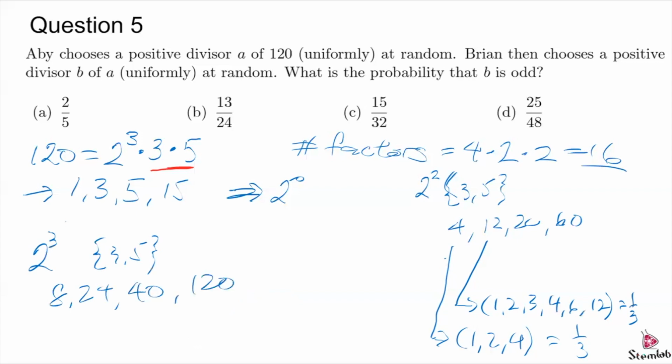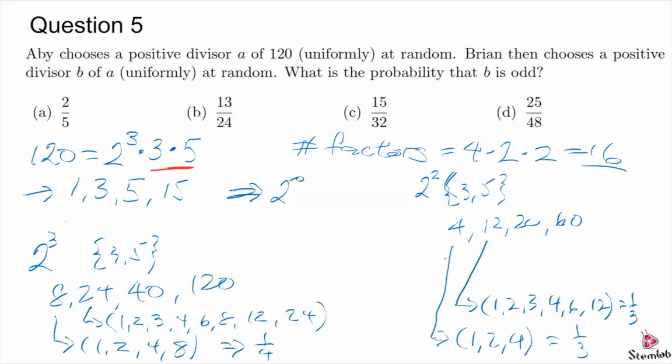Let's look at what happens with 8. For 8, the factors are 1, 2, 4, 8. There's a 1/4 chance of Brian choosing something odd. For 24, it's 1, 2, 3, 4, 6, 8, 12, 24. The odd ones are 3 and 1, which is again 1/4. I'll leave it up to you to also show 40 and 120 are 1/4 probability.